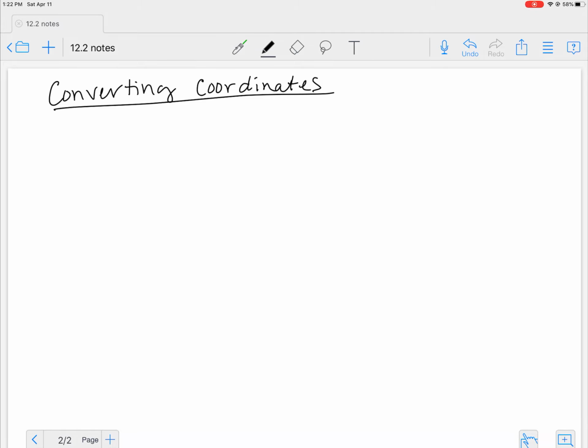All right, so we can convert these coordinates between polar and Cartesian, okay? So a point in polar coordinates, let me write this differently, that looks a little janky.